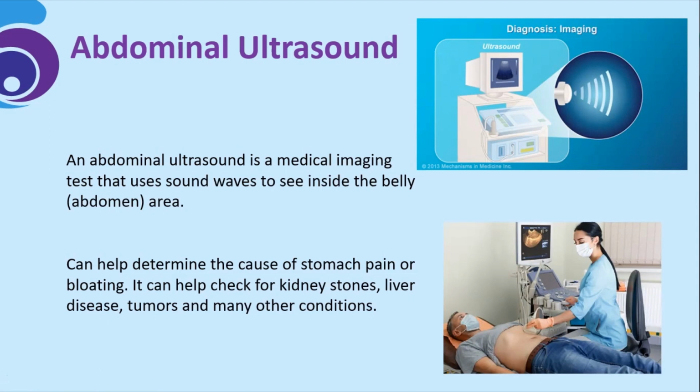Some of the restrictions that abdominal ultrasound has: if you've got a bigger tummy, the sound waves from the probe have to go through lots of layers. There's your skin layer, any visceral fat, muscle layers, as well as other organs.